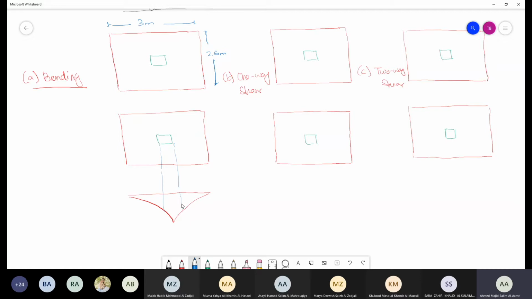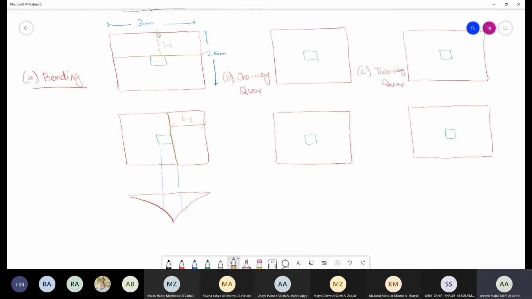So what we need to do is calculate the distance from the face of the column to the edge of the foundation. Let us call this one L2, and let us call the other side as well. We are going to calculate from the face of the column till the edge of the foundation, and we are going to call this one our L1.